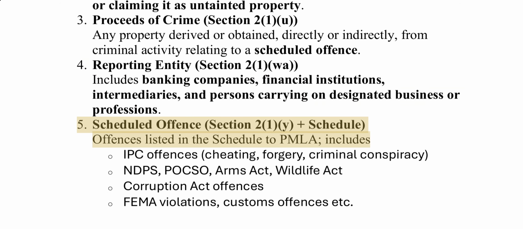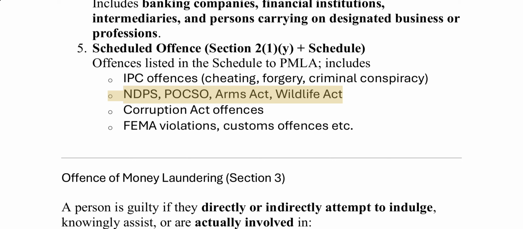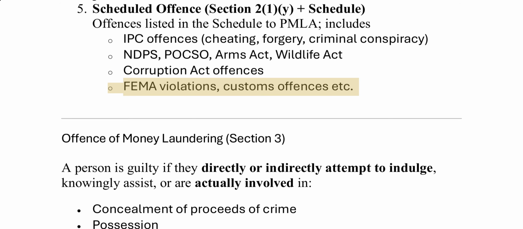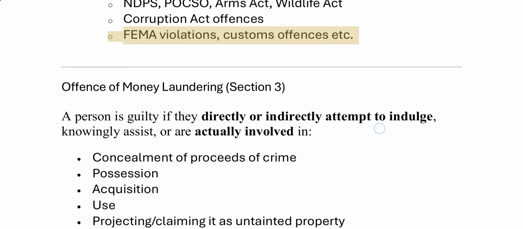Scheduled offense, Section 2(1)(y) plus the Schedule: offenses listed in the Schedule to PMLA, including IPC offenses, cheating, forgery, criminal conspiracy, NDPS, POCSO, Arms Act, Wildlife Act, Corruption Act offenses, FEMA violations, customs offenses etc.